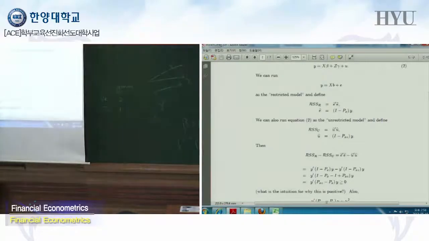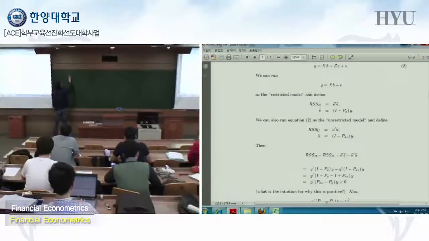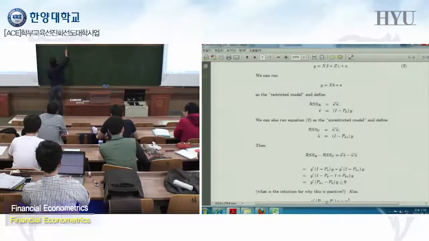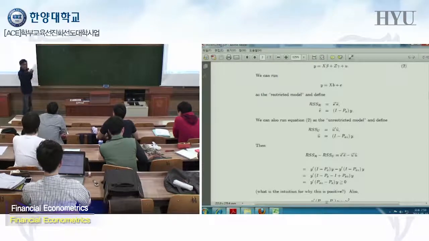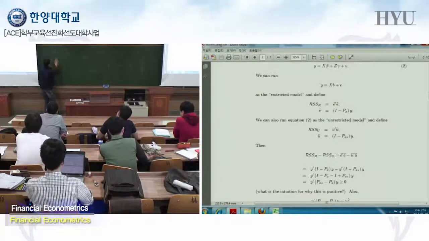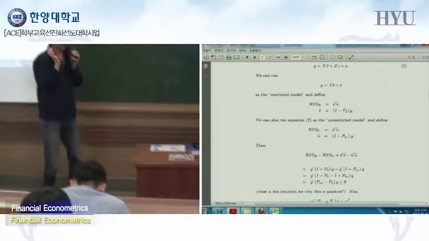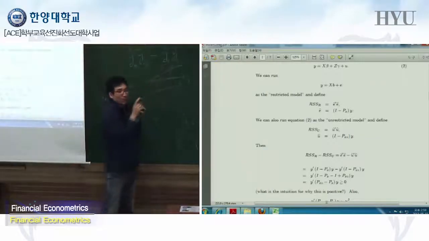So in this case, it is simply y hat prime y hat squared. Basically, we can write down the last one as this, and this is xz, right? P squared is still P, right? Basically it is the length of this one. It is the regression image of y on the space x and z, but space xz is greater than just space x.